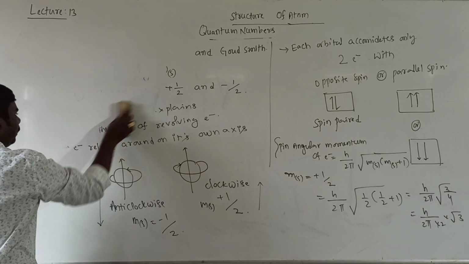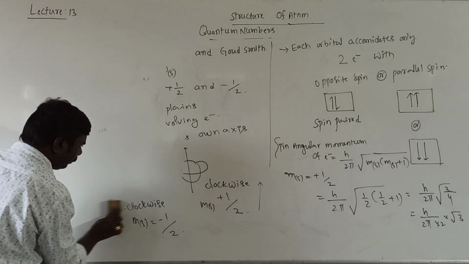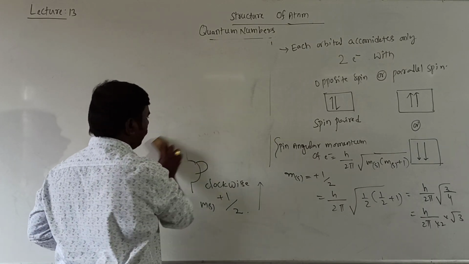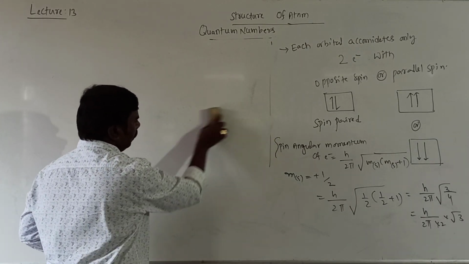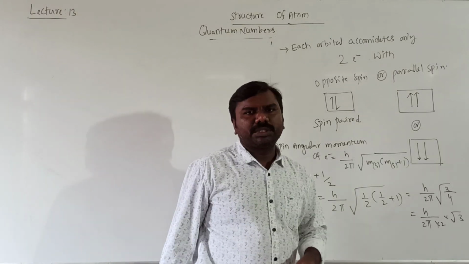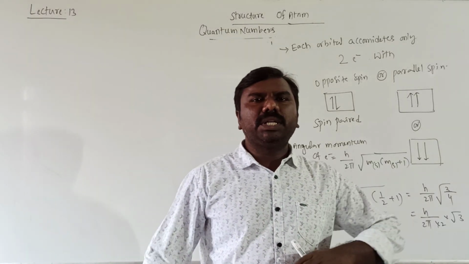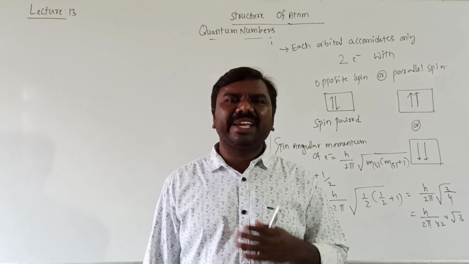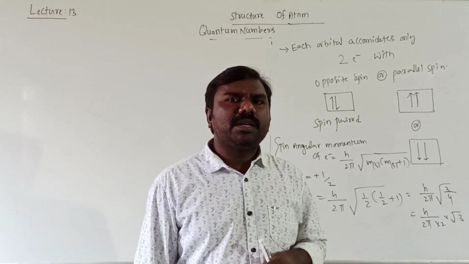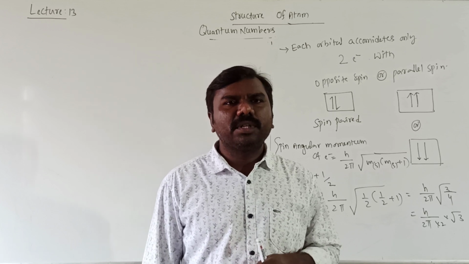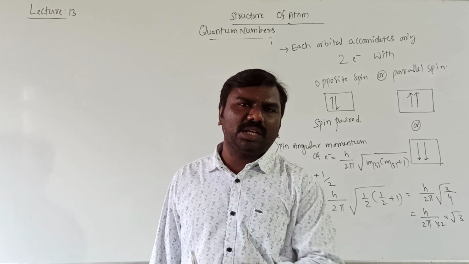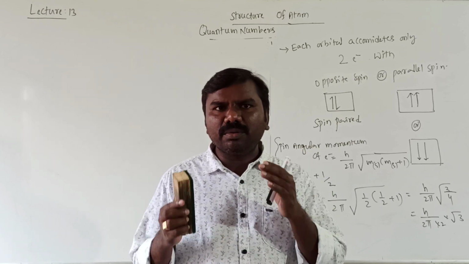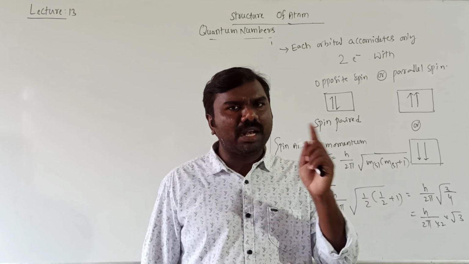Before going to the question, n value indicates the main shell, that is 1, 2, 3, 4, etc. L value indicates subshells, which means orbital shapes, those are 0, 1, 2, 3. N value is always greater than L value. L value must be lower than n value, remember that.